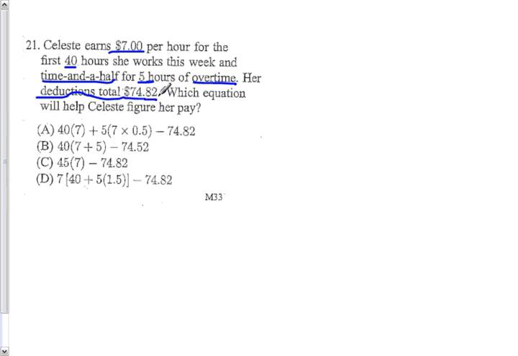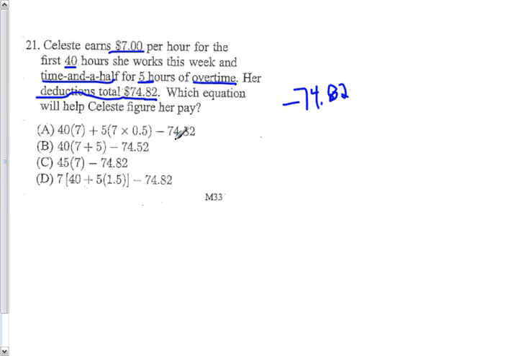Okay, so for any equation that we have, first of all, let's deal with this last statement. Her deductions total 74.82. Anything that we have, we should be subtracting $74.82 from whatever's calculated of her pay. We can rule out any answer choice that does not have a subtract 74.82 as part of the answer.